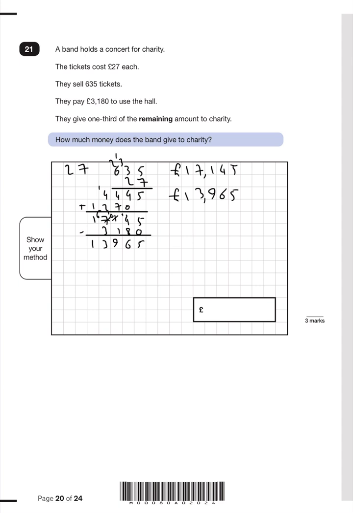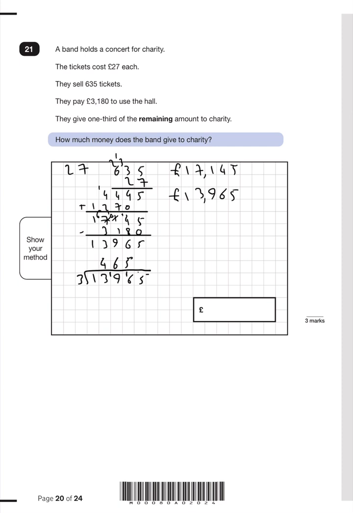So we need to work out 1/3 of this number. 1/3 of this number means we need to divide by 3. So we're going to do 13,965 divided by 3. 3 doesn't go into 1, it goes into 13 4 times, the remainder of 1, because 4 times 3 is 12. 3 goes into 19 6 times. 6 times 3 is 18, so again a remainder of 1. 16 divided by 3, well, 3 times 5 is 15.